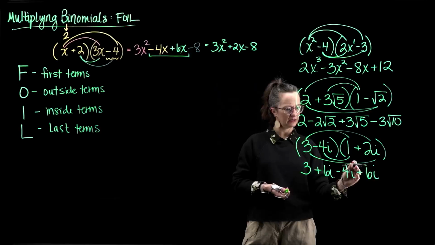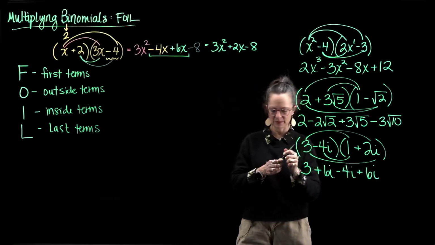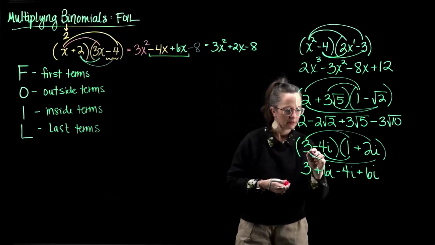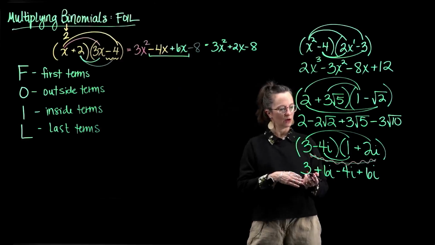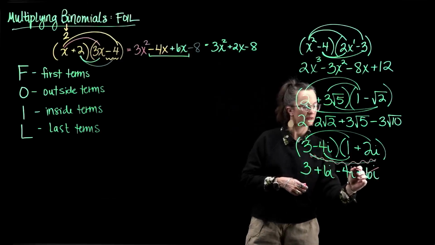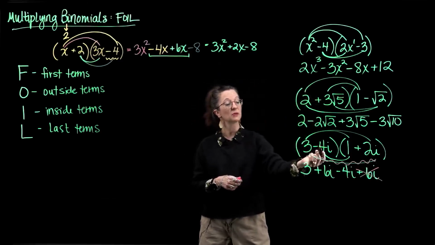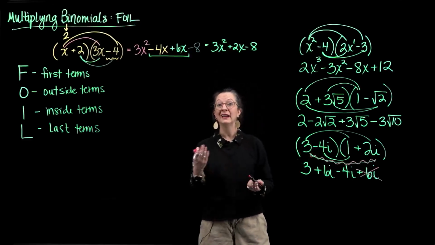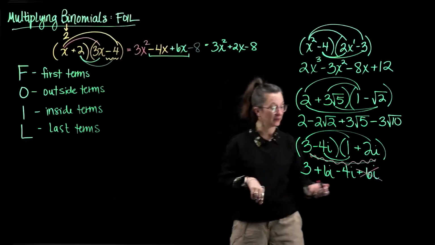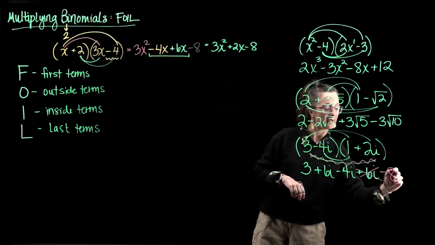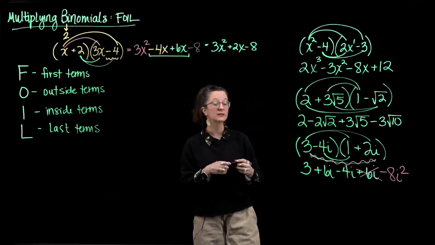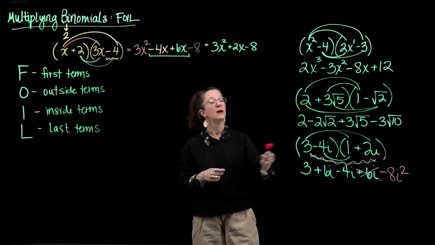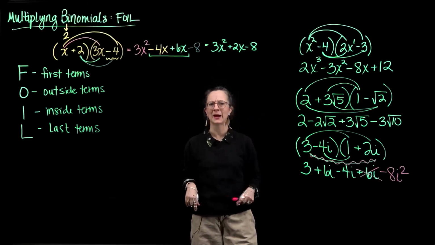I did outside terms a second time. So let's fix that real quick. What I really meant to do was instead of this 6i here, I meant to multiply minus 4i and 2i. That's what I wanted to do. So I would have a minus 8i squared. So I would have 3 plus 6i minus 4i minus 8i squared. Now we're back on track.